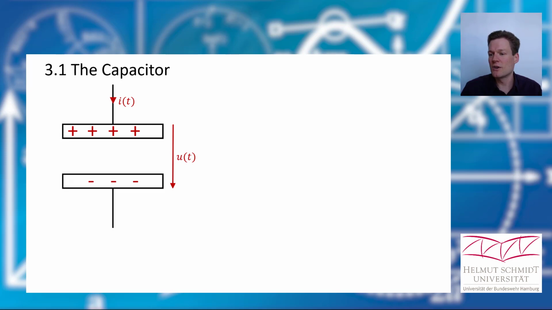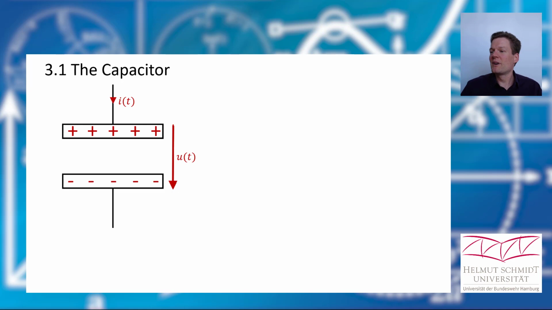And this goes on and on. And what you see here is that you need more charges for a higher voltage drop. And this is the reason why the value of the voltage can't change rapidly, because to change the voltage we need charges to flow into the capacitor.